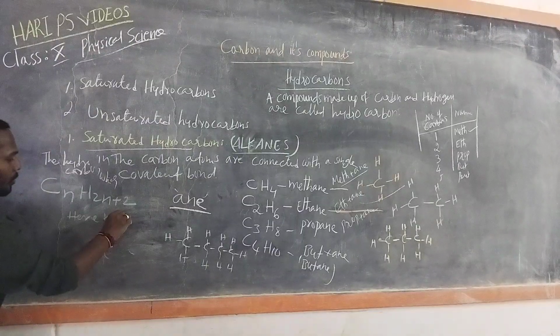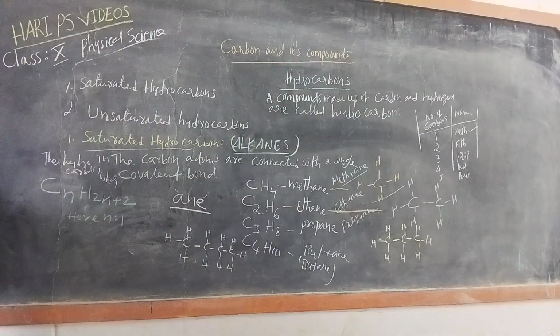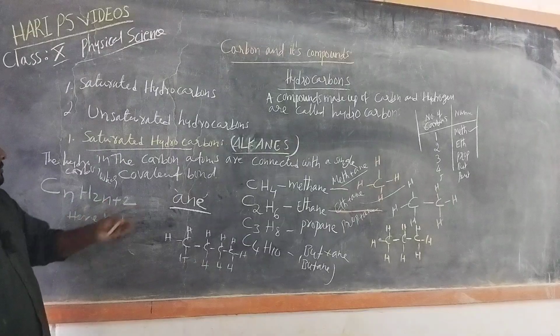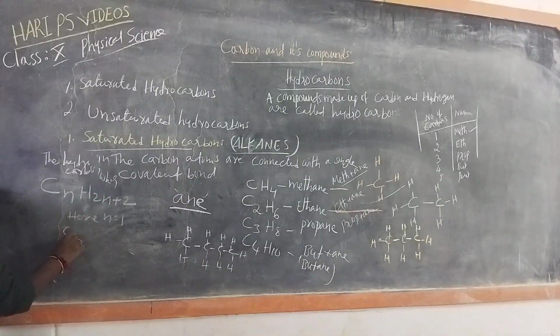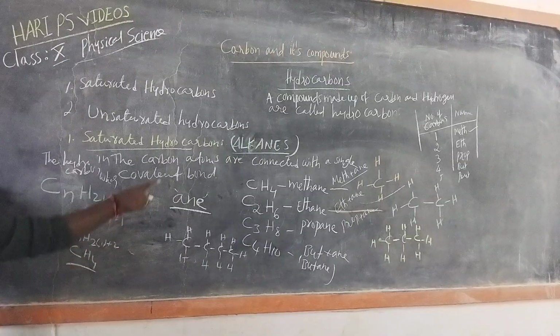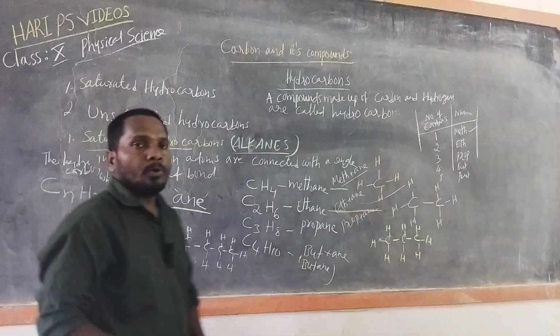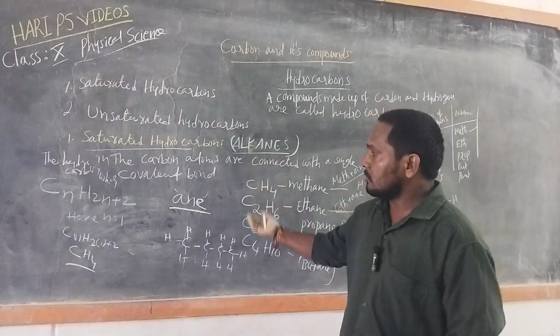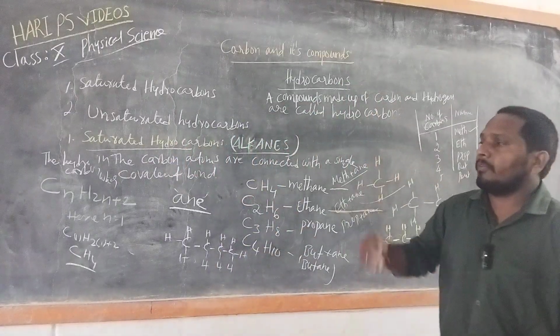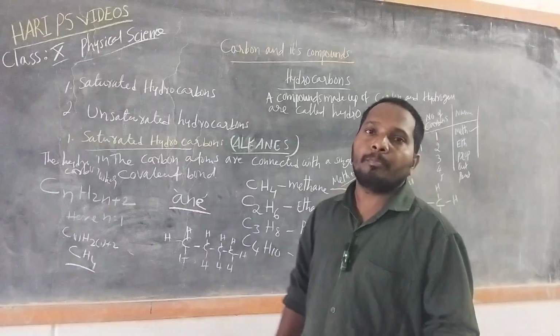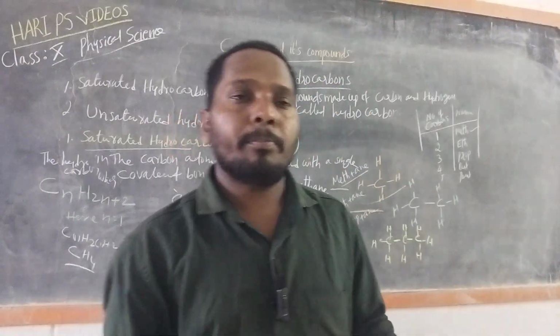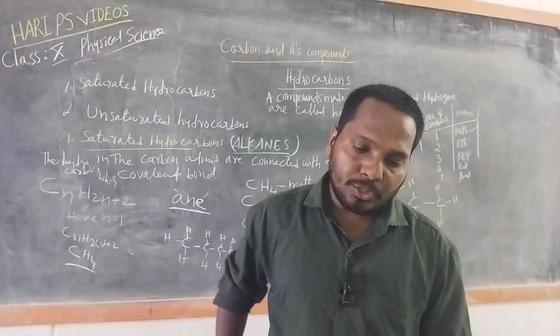If n is equal to 1, substitute 1: 2 into 1 plus 2 is 4, so CH4, methane. If n is equal to 2, we get ethane. If n is 3, we get propane. If n is 4, we get butane. If n is 5, we get pentane.